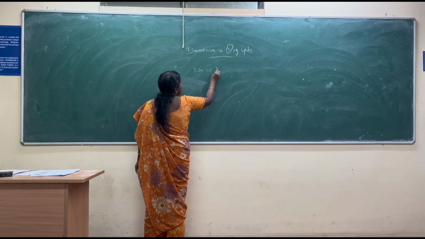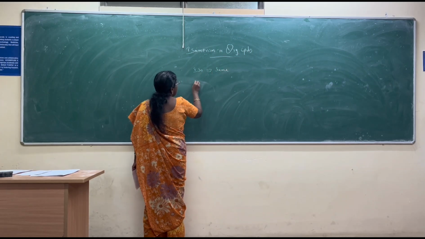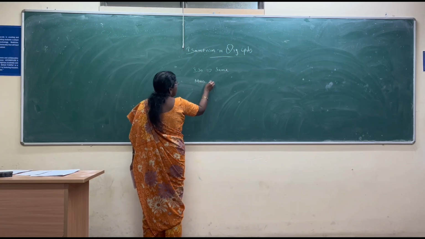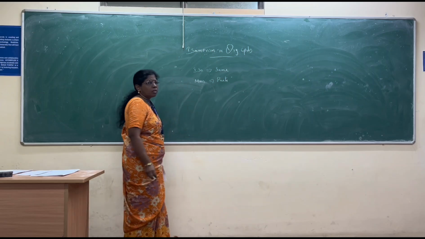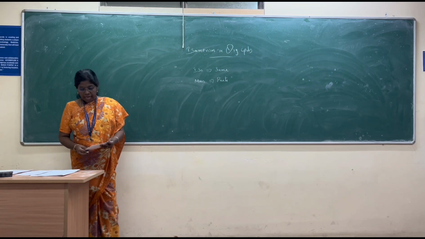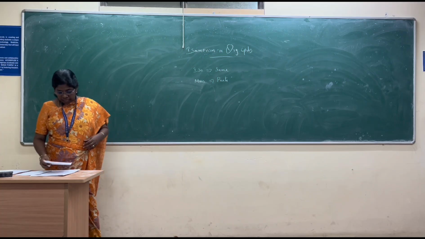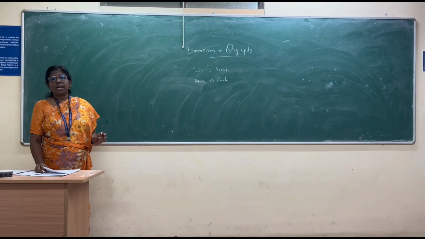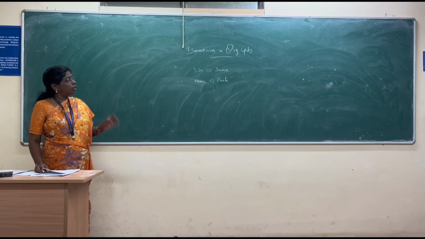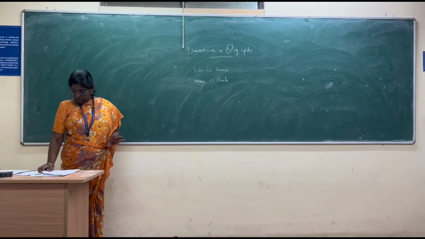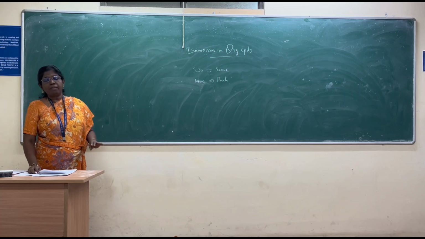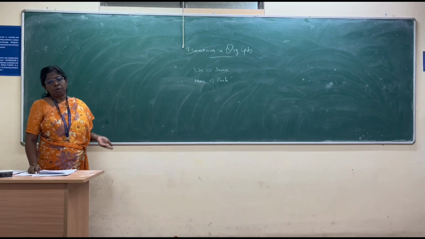Iso means same, and mer means the parts are equal. So what is isomerism? It's the same molecular formula but different physical and chemical properties. That phenomenon is called isomerism.